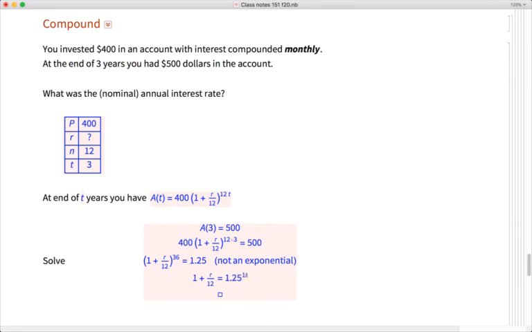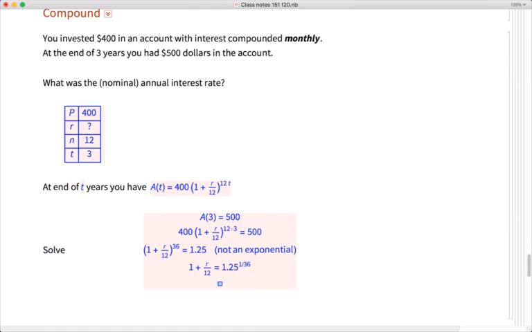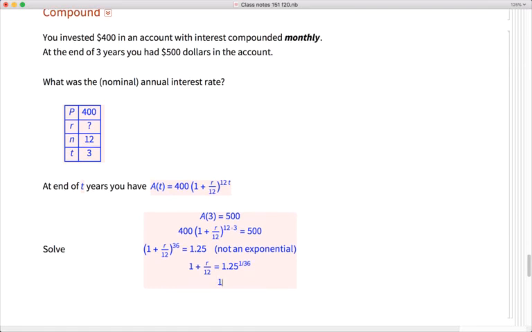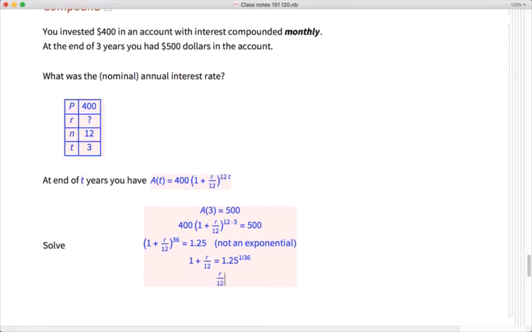Not a number I've looked at very often. And then finish up with the standard things to get the r isolated now. 1 over 36, minus 1, and then lastly multiply through by 12.